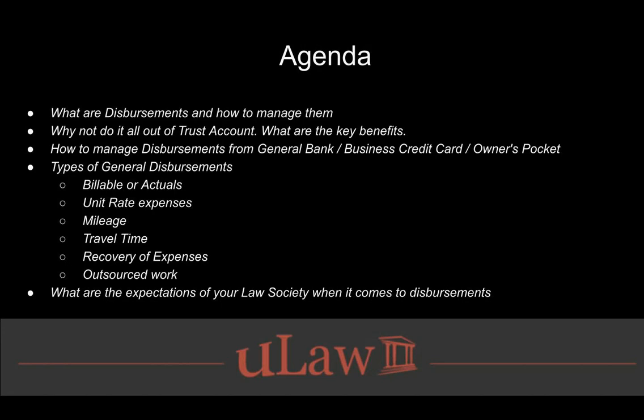But at the same time, when you're using general for a disbursement, recovering it from your client becomes a huge bookkeeping process. There are a few steps to cover here, and we're going to be seeing that.